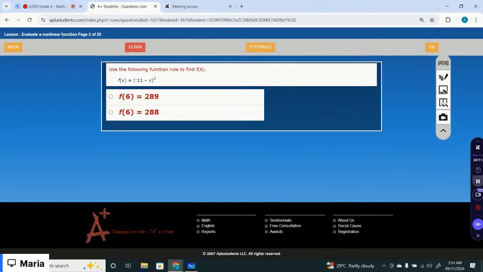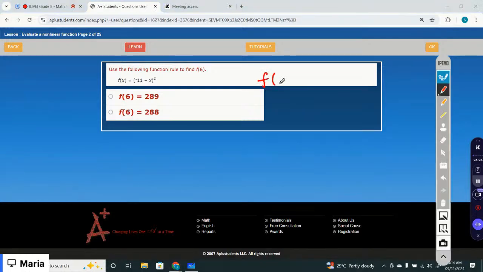Use the following function rule to find f of 6. F of 6. So that is negative 11 minus 6 square. That is negative 17 square, right?